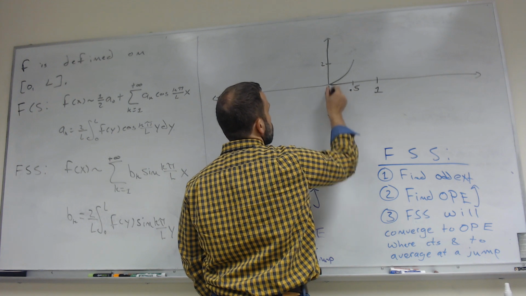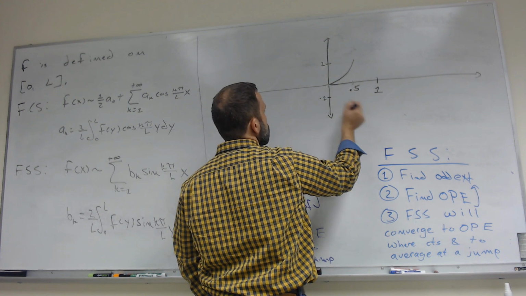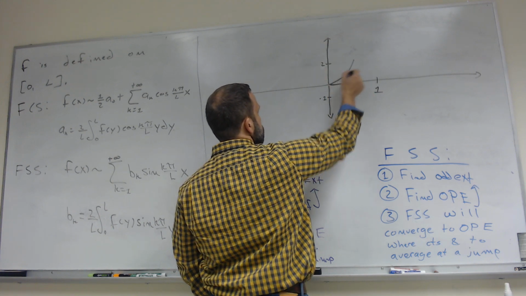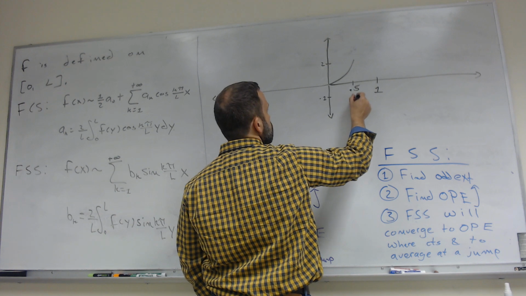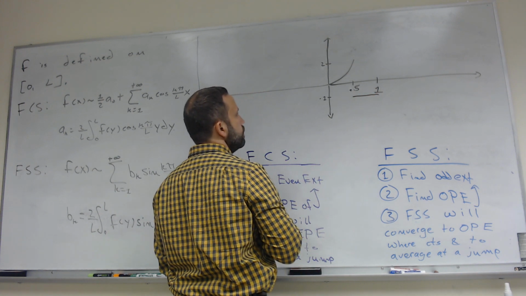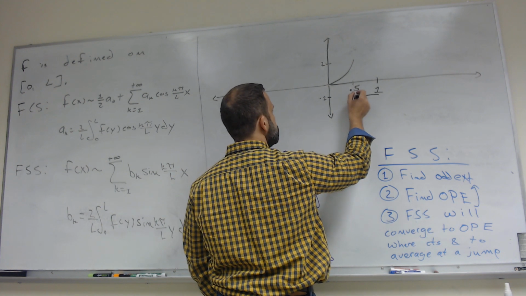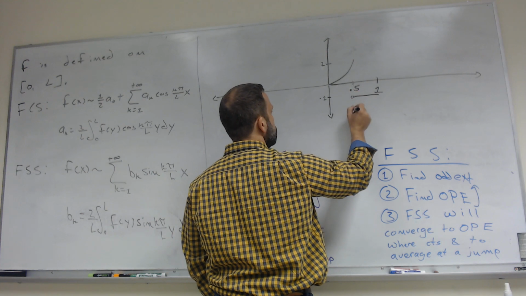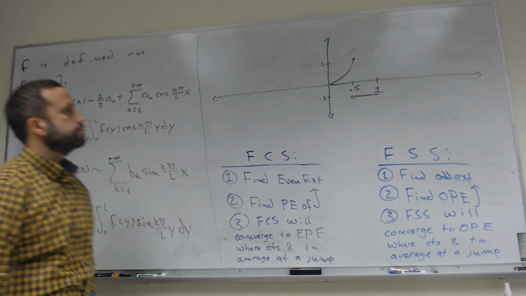And then this right here, roughly halfway, this is minus 1. And so what the function is going to be, it's going to be this from 0 to 0.5, and then here, it's going to be like that. In terms of Fourier cosine and sine series, it doesn't matter too much, but just to have things well-defined, we'll say it looks like this.